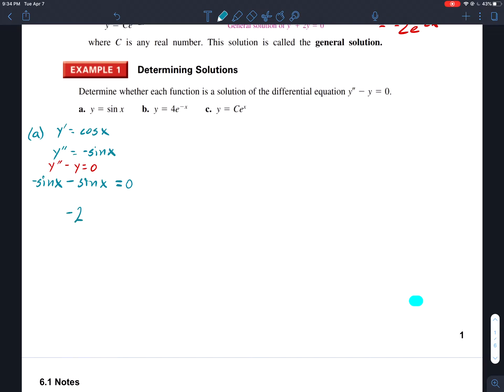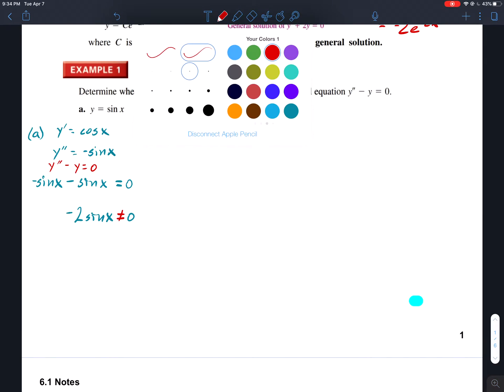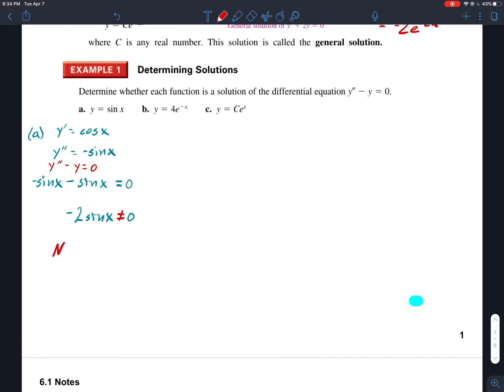And of course that gives me negative 2 sine x equals 0, which is not true, right? And so since it's not true, this is not a solution. So A fails. It is not a solution of the differential equation. Let's move on and try B.